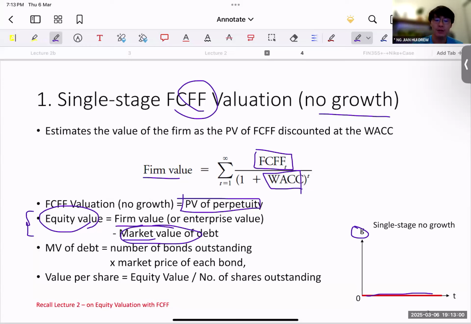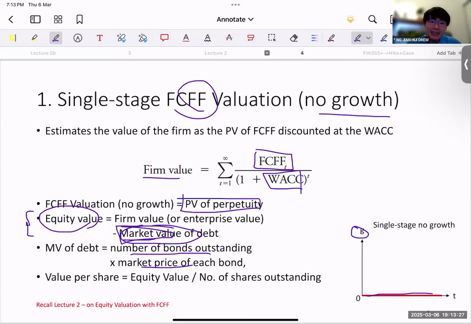So the firm is made up of both the equity and the debt, and equity plus debt gives you the firm value. An important thing to take note of is that we use the market value of the debt, which can be given by the number of bonds outstanding multiplied by the market price of each bond.